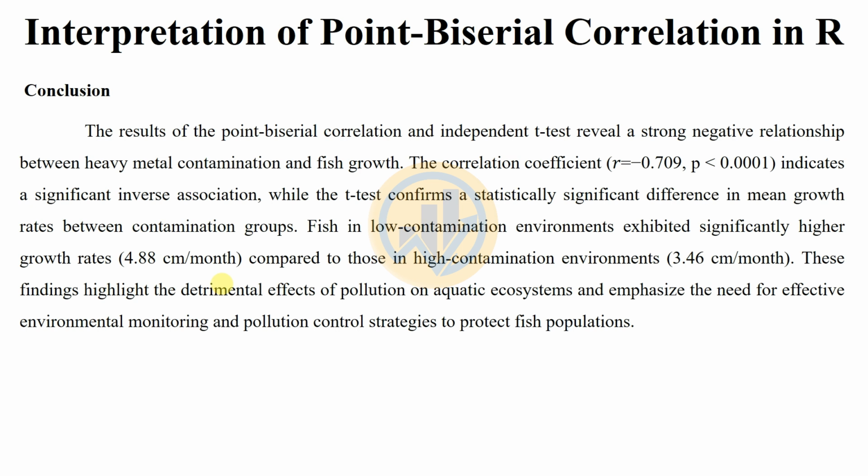Fish in low contamination environments exhibited a significantly higher growth rate, 4.88 cm per month, compared to those in high contamination environments, 3.46 cm per month.